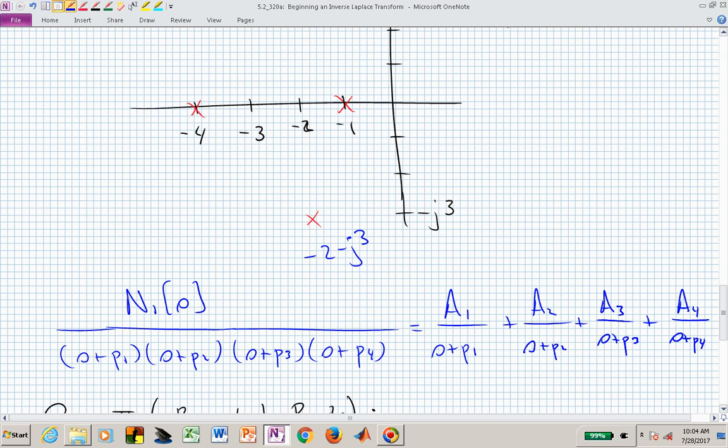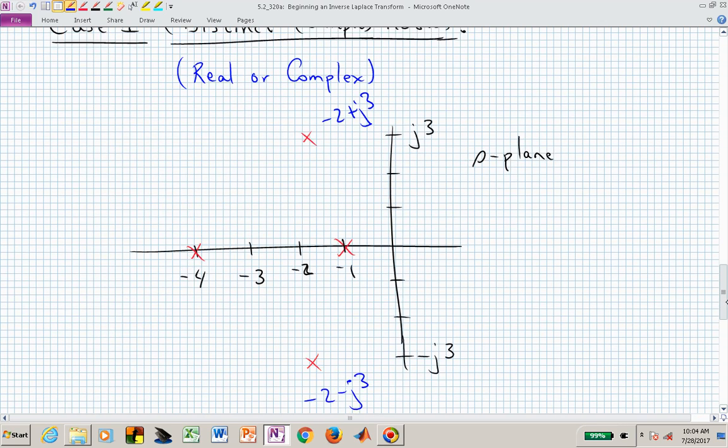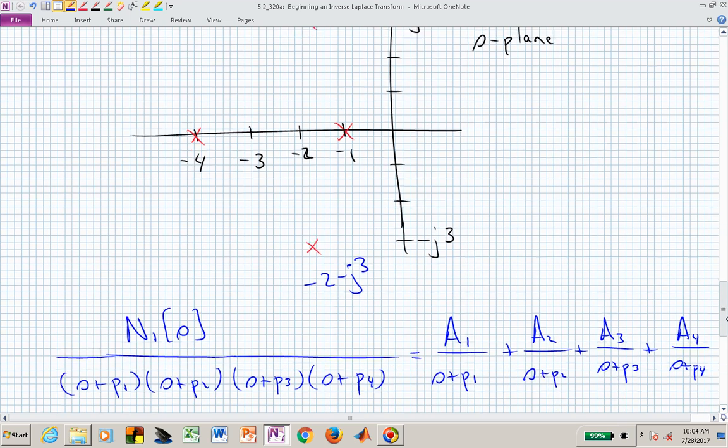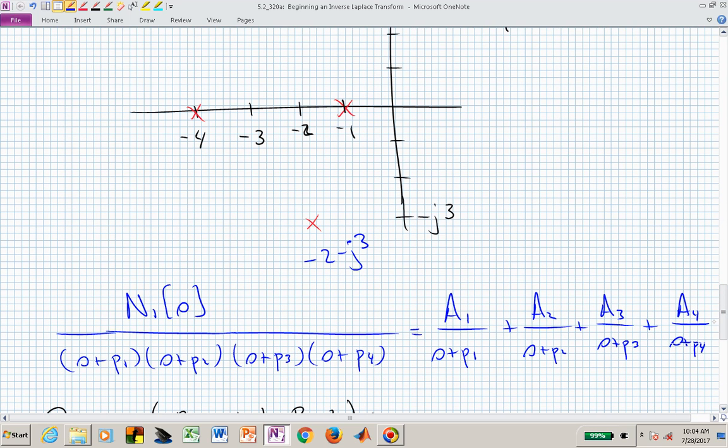Now, if we do have p sub 3 being associated with -2 plus j3, then in fact A sub 3 will typically be a complex number and A sub 4 will be its conjugate.